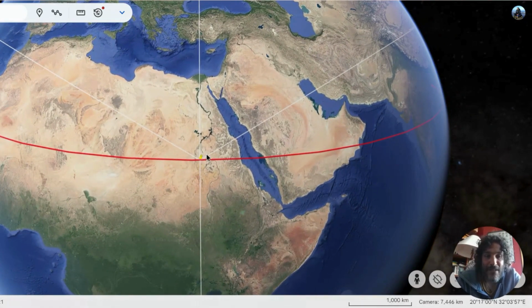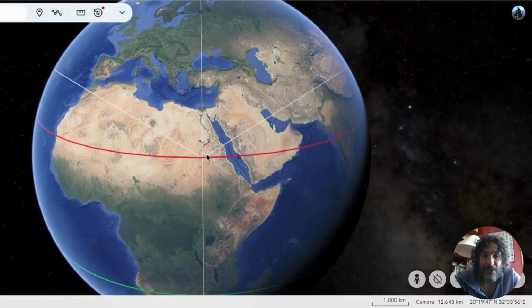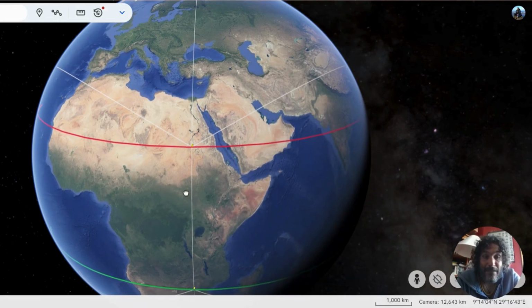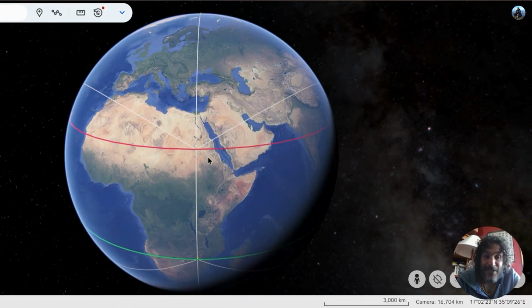That's my first reference line, because it was used by ancestors in ancient times, and I believe it would make more sense to use the original prime meridian if we talk about planetary grid and circuit sites. The reference nodal point will be Giza.